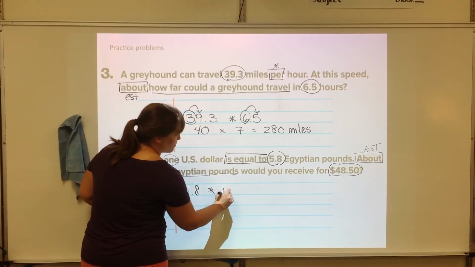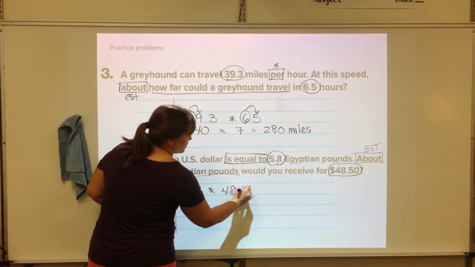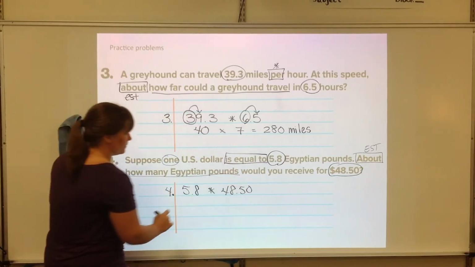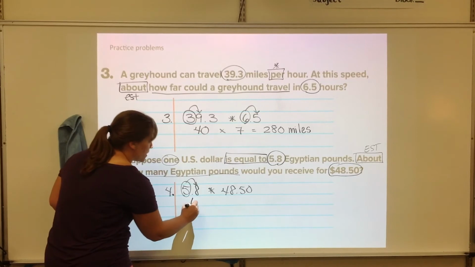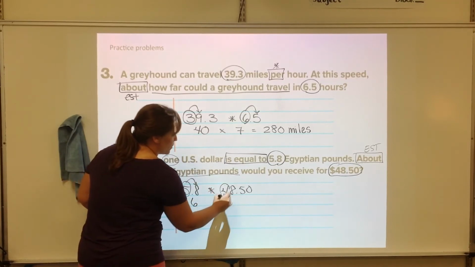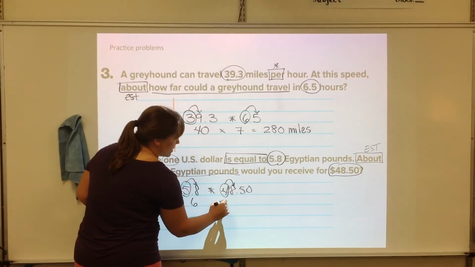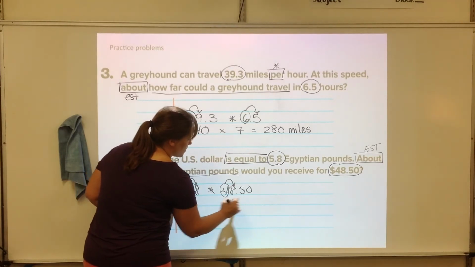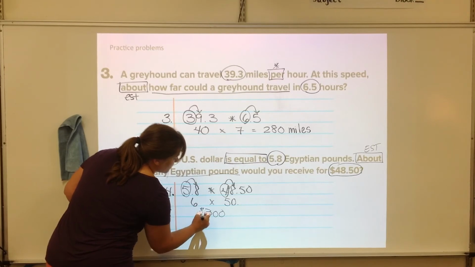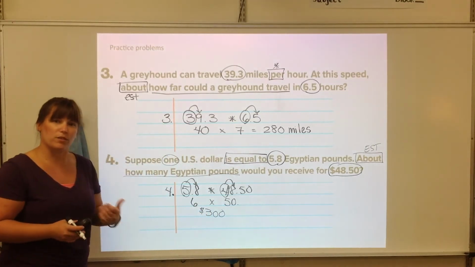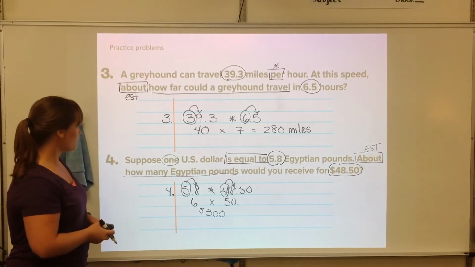And I know I'm multiplying after I estimate. So the 5 is going to look to the 8 to make it a 6. The 4 is going to look to the 8 to make it a 5 or 50. And now we are left with 6 times 50 or $300. Notice that dollar sign is the unit.